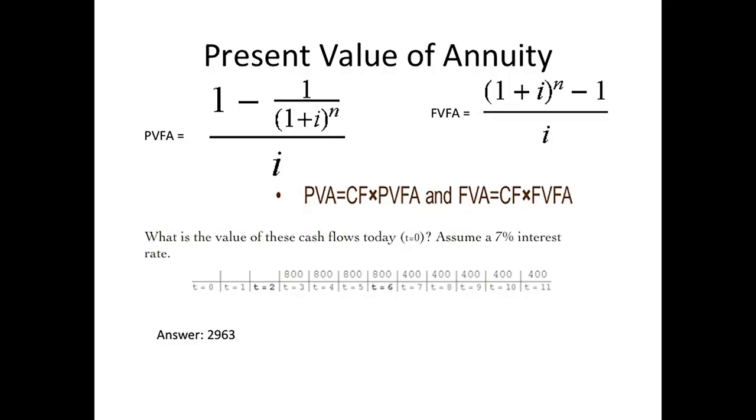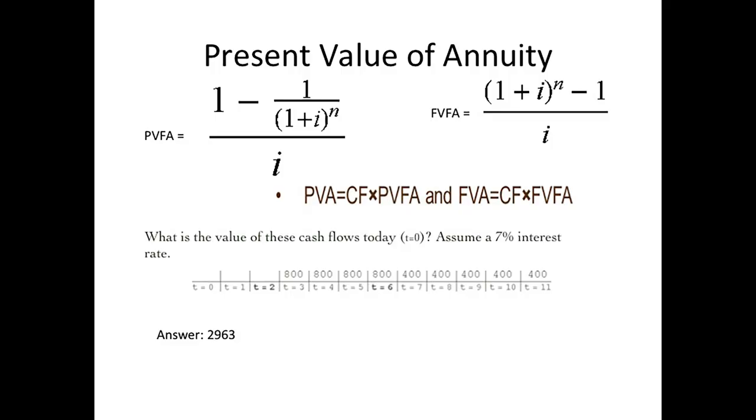So PVA equals cash flow, 800, times the present value factor, and that single sum is located at time 2, which you then need to bring back to time 0 using the single sum formula, discounting 2 periods.